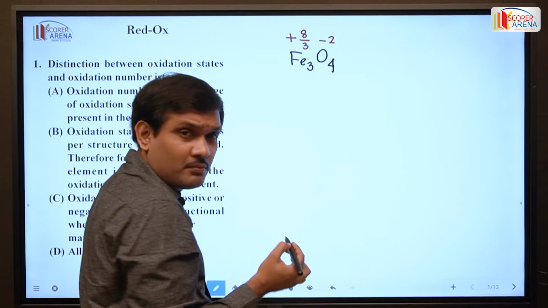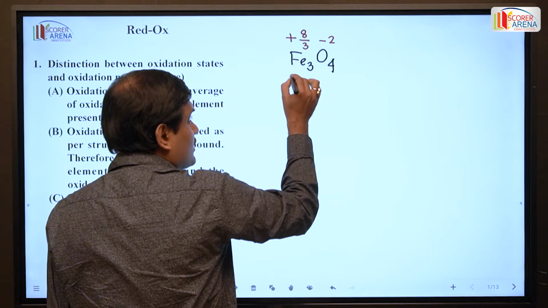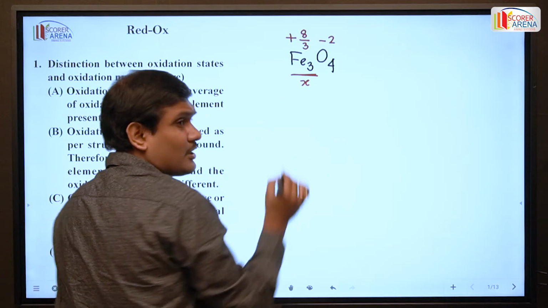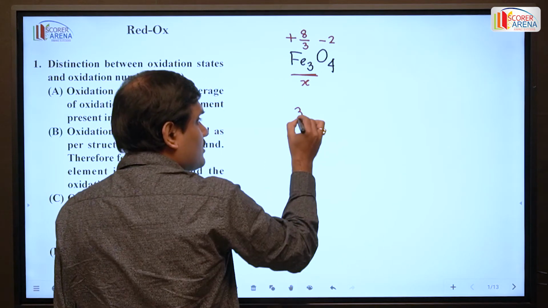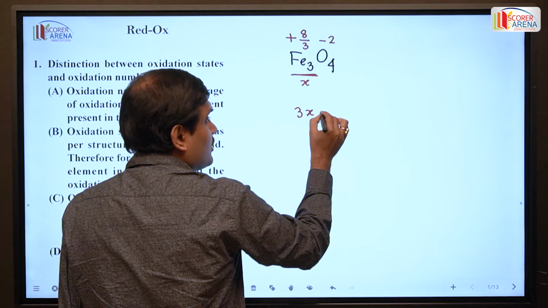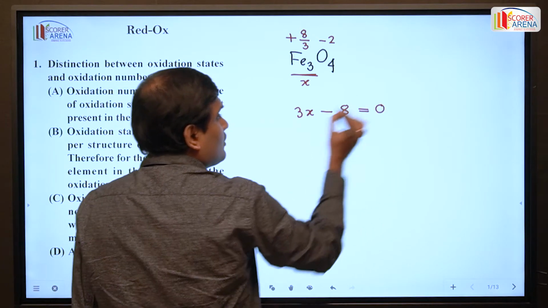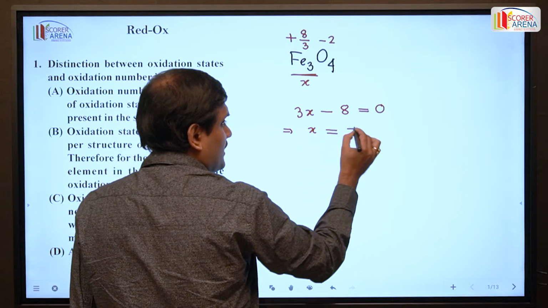If you have a problem, you can calculate it. Take iron having oxidation state X, so 3X. For each oxygen it is -2, for 8 oxygens it will be -8. So we have X equal to plus 8/3.